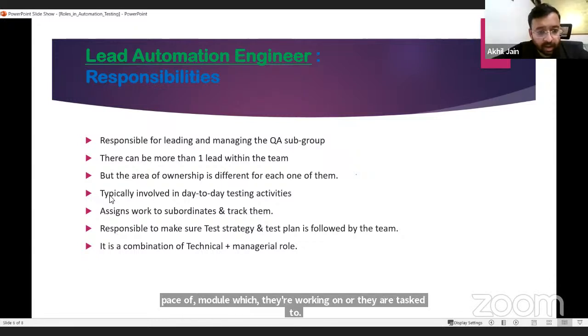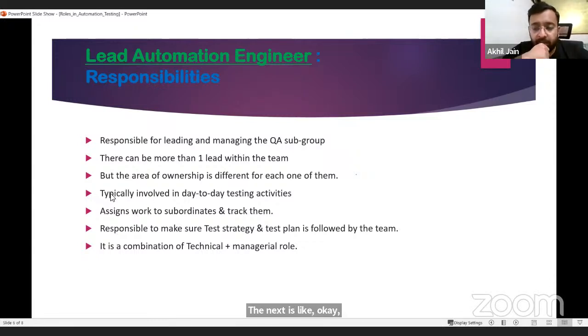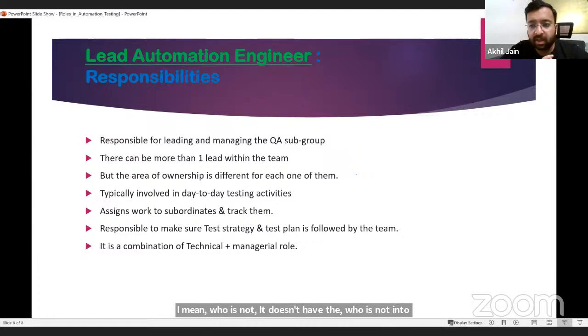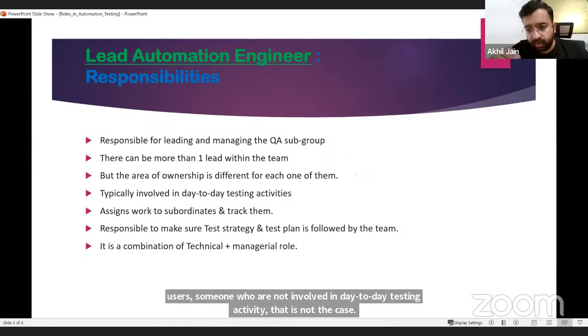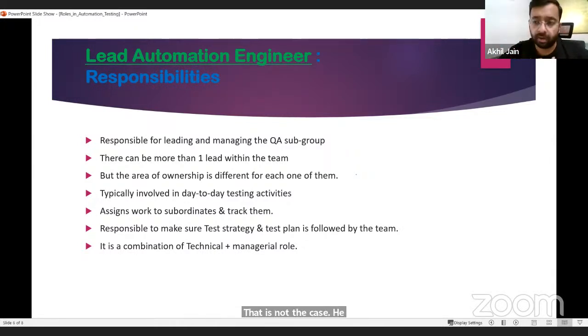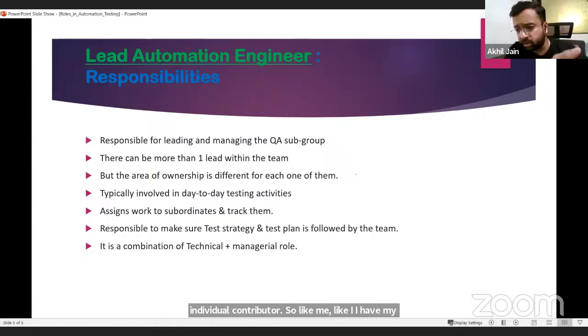The next point is one of confusion for people who are not into software testing. They feel that lead engineers are not involved in day-to-day testing activities. That is not the case. He is also an individual contributor. Like me, I have my own set of work which I need to deliver, apart from the work of those who are assigned to me.